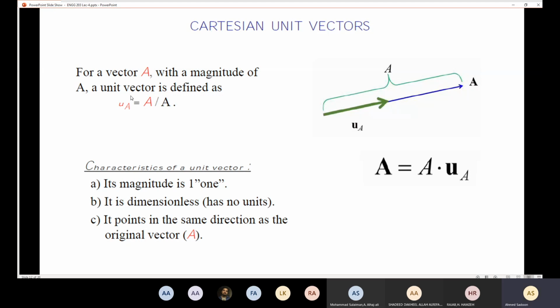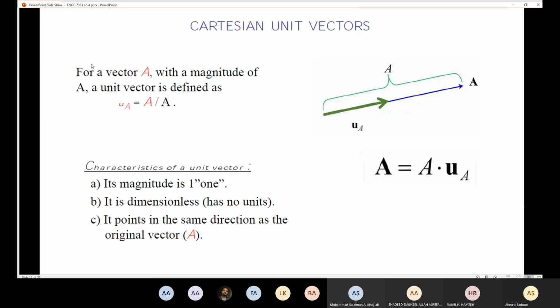And the unit vector is very important because we are going to use it in order to relate the position vector and the force vectors. Later on, we are going to use the concept of unit vector in order to move from position vector to force vector.